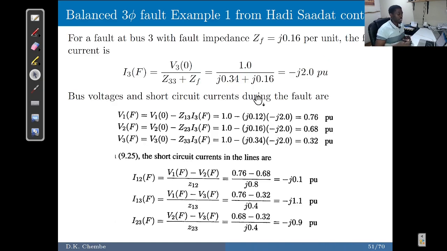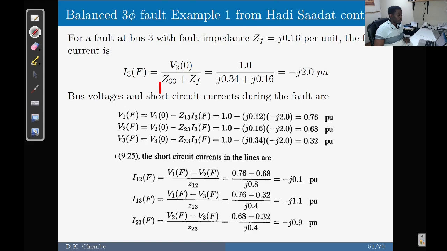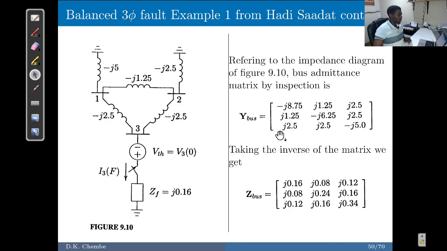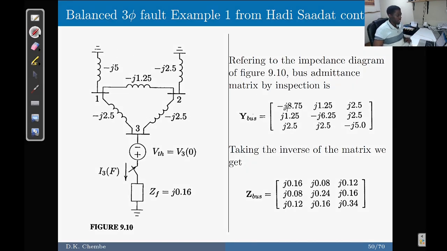Okay, so the fault current at bus 3 with the fault impedance ZF per unit is therefore going to be equal to Z33. So Z33, this is coming from our Z bus. If I go back, you remember I was saying this is Y11, this is Y12, this is Y13.